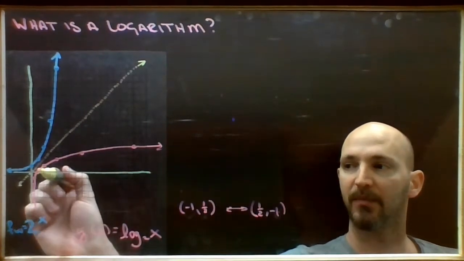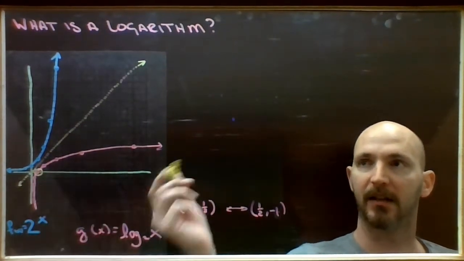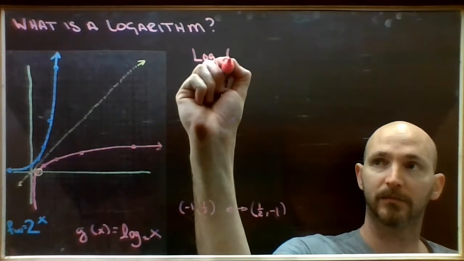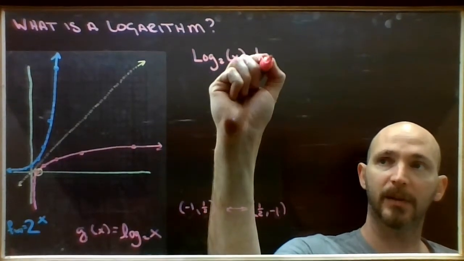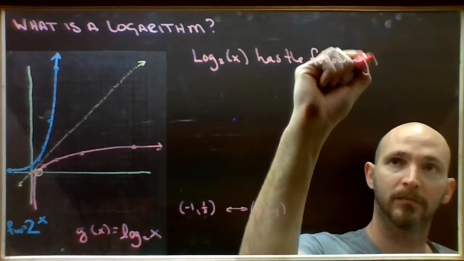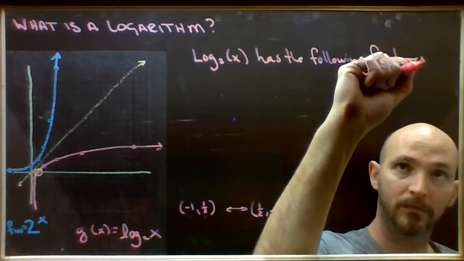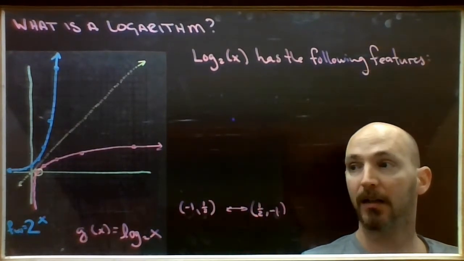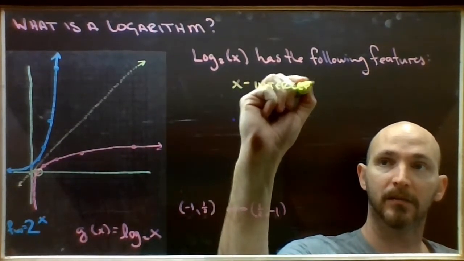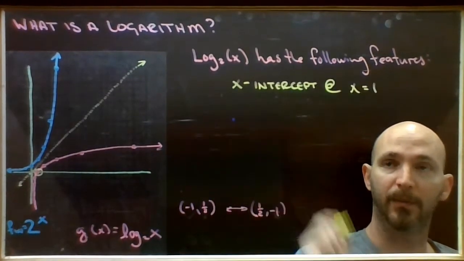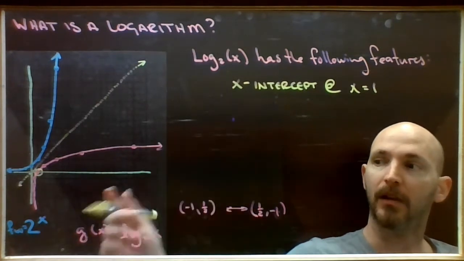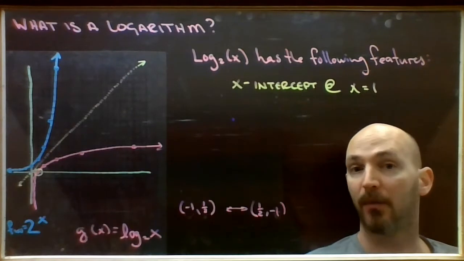You'll notice that this particular function has an x-intercept right there. So log base 2 has the following features. An x-intercept at x equals 1. Do you notice that it does not cross the y-axis?